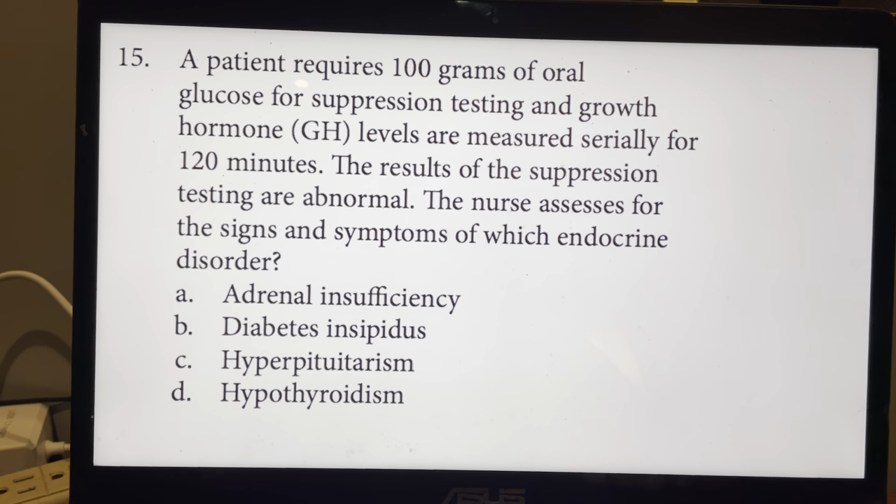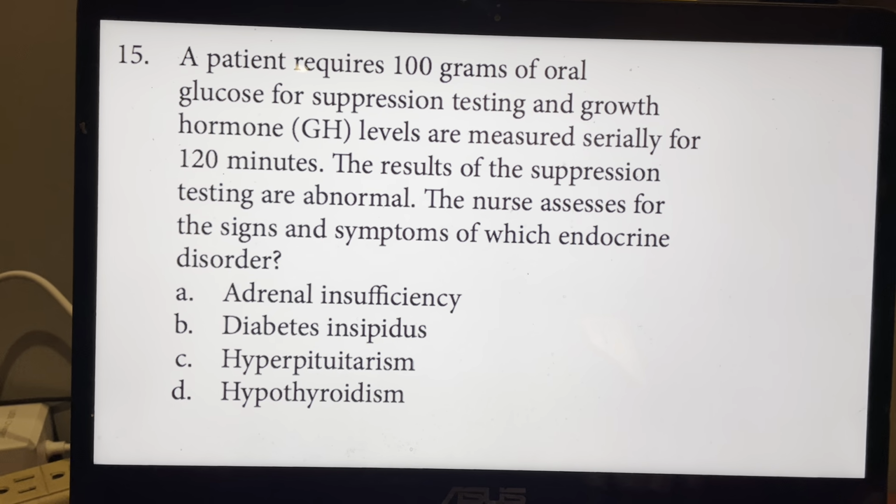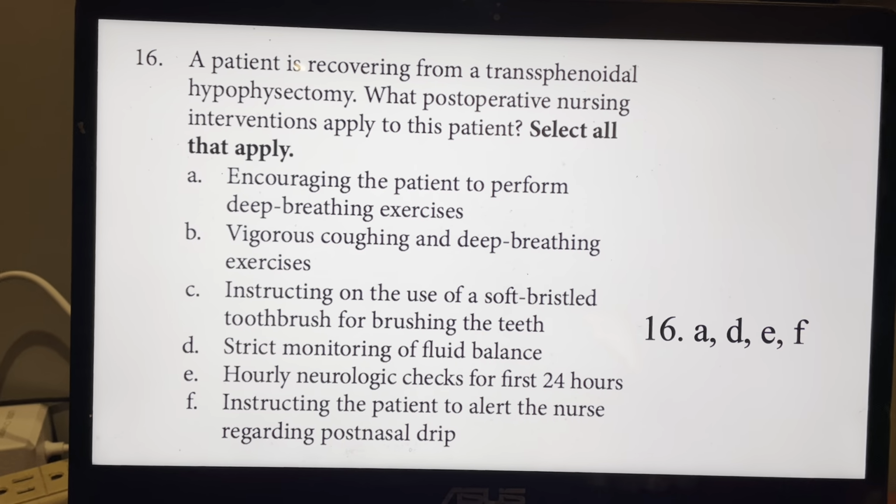Adrenal insufficiency, diabetes insipidus, hyperpituitarism, or hypothyroidism. You got your final answer? Hyperpituitarism. I know you're going, what does that mean? I'm just giving you a guided tour on what to look up in your book.